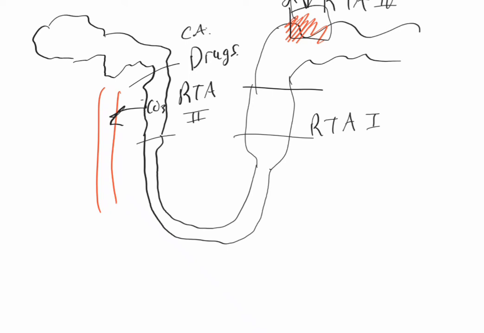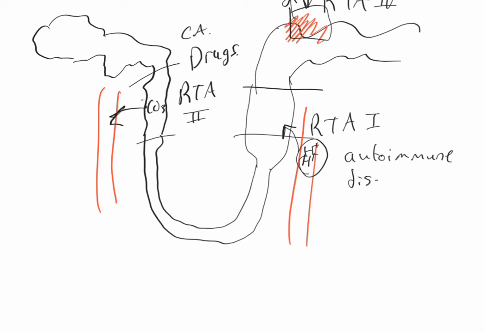Now if you look at RTA 1, this is a problem where in the blood, hydrogen atoms are overaccumulating because they don't have the ability to get into the cell. Now, this can be for several reasons. Mainly, or heavily tested at least, autoimmune disorders.